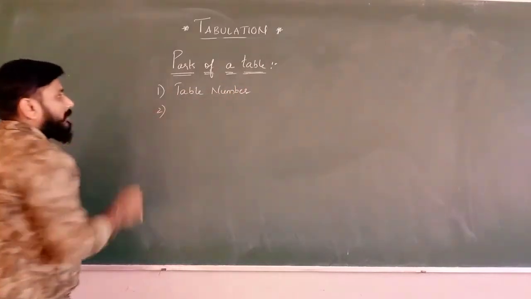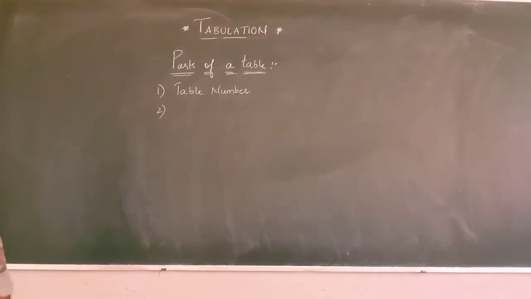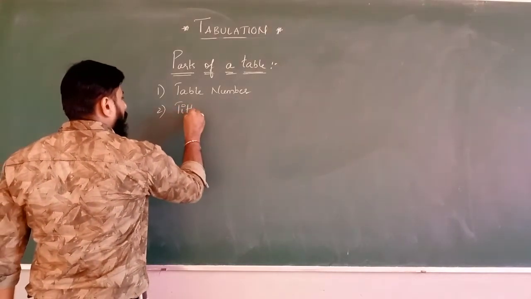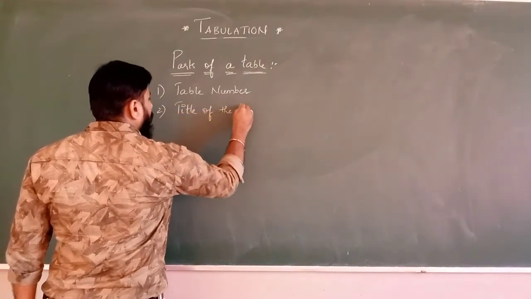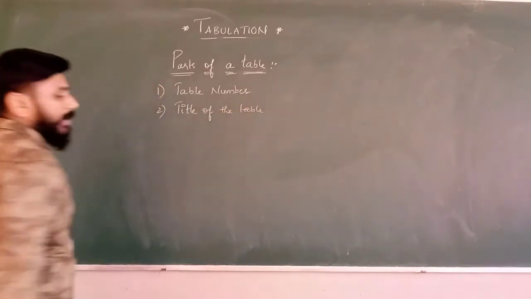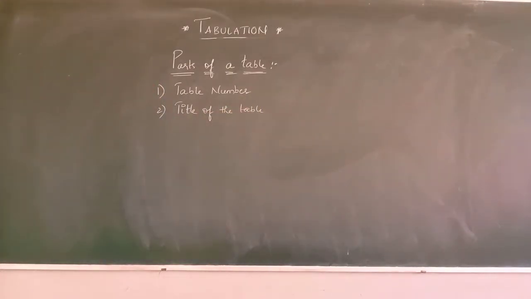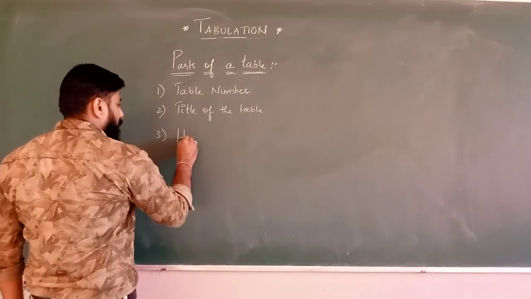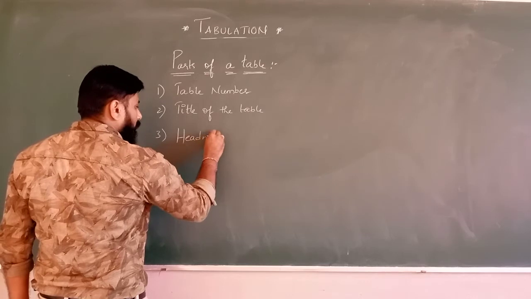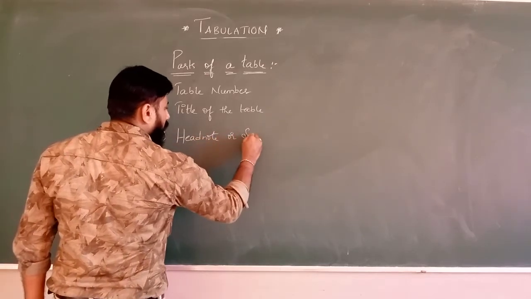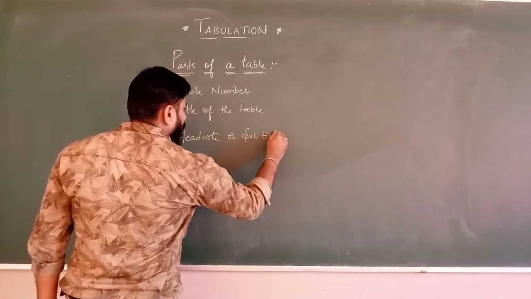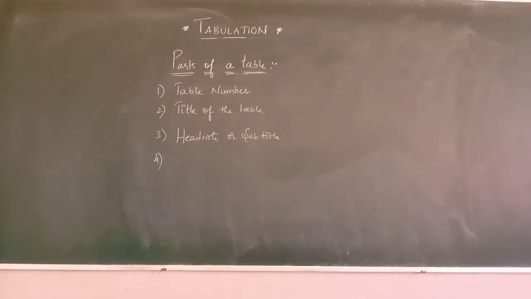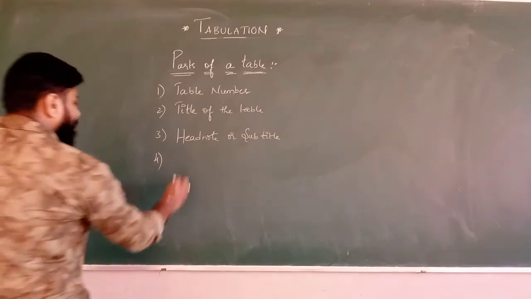Parts of a table. The first one is the table number and the second one is title of the table. Next one, head note or subtitle. And the fourth one is captions.